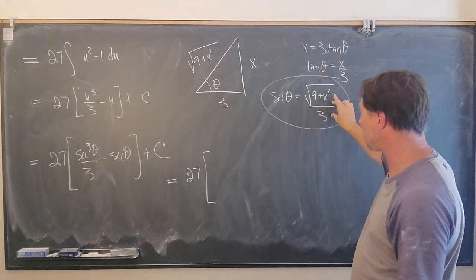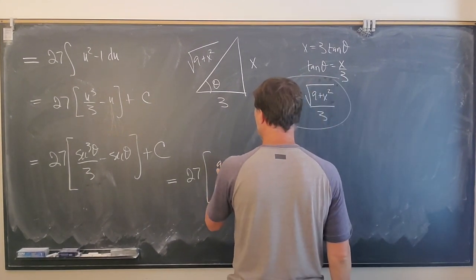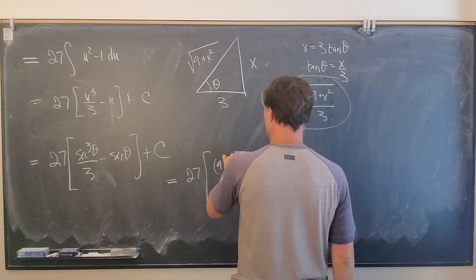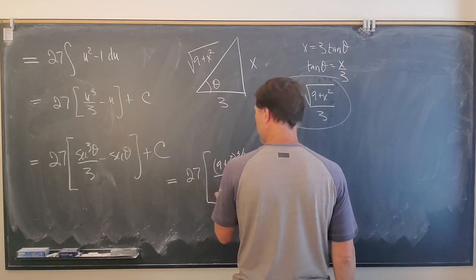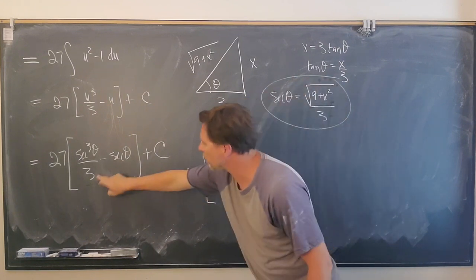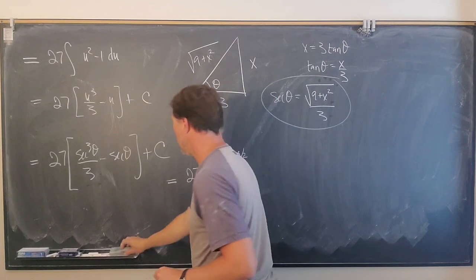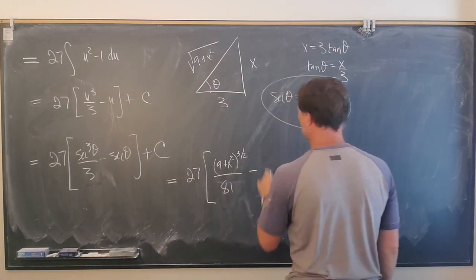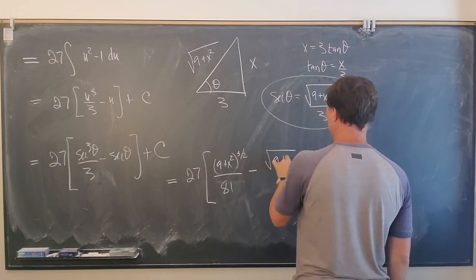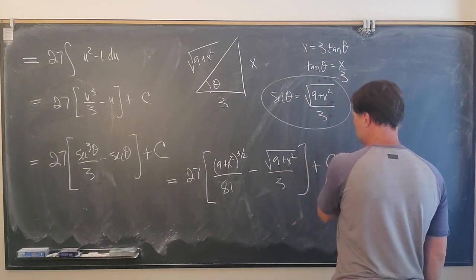So I'm going to cube this piece right here. That's going to give me 9 plus x squared to the 3 halves divided by 27, and then there's another factor of 3, so it's actually 81 right there. And then we'll say minus square root 9 plus x squared over 3 plus c.